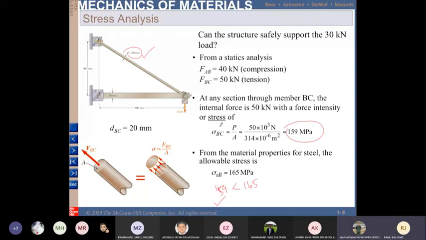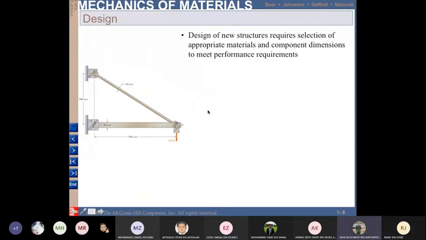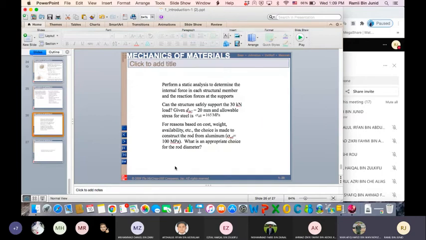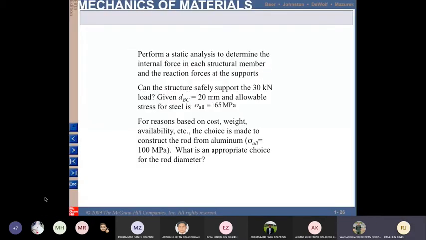Okay, and then the question asks you, for reason based on cost, aluminium is better to be used.